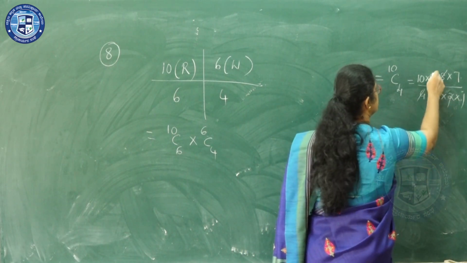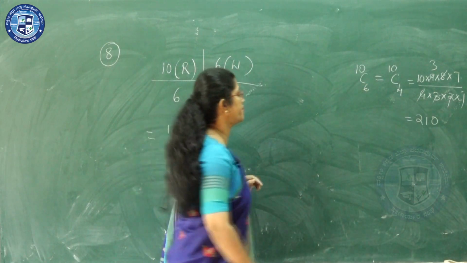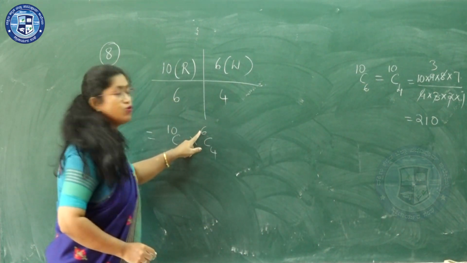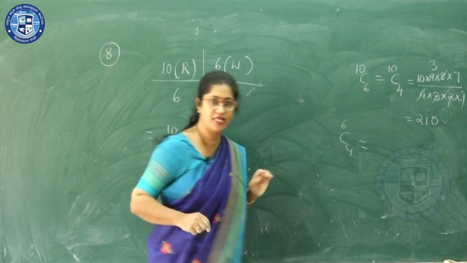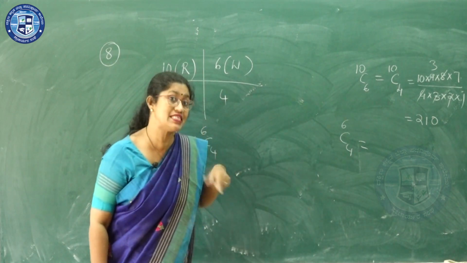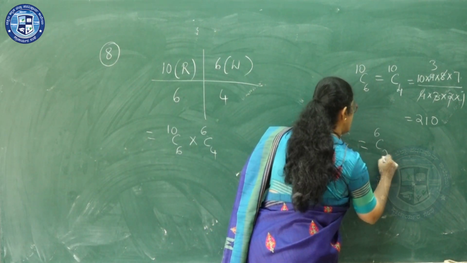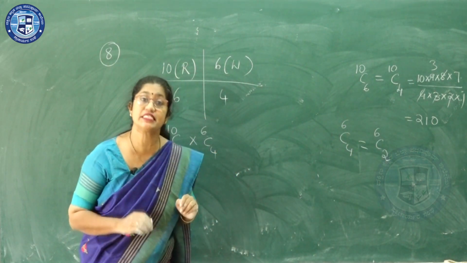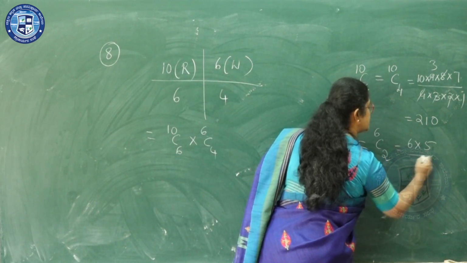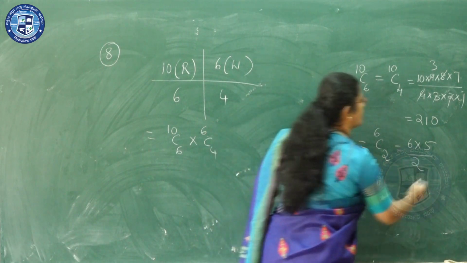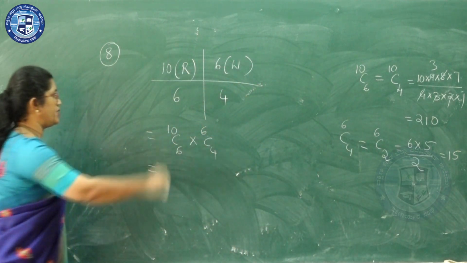So this 8 gets cancelled, 3, so this becomes equal to 210. Next I need to calculate 6C4. Now 6C4 again, do 6 minus 4, 2. 2 is less than 4, so better to go for this formula. Let me apply it. 6C4 is same as calculating 6C2, starting from 6 two numbers divided by 2 factorial, and that is equal to 15.